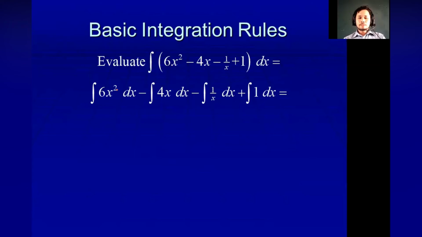So we have the integral of 6x squared dx minus the integral of 4x dx minus the integral of 1 over x dx plus the integral of 1 dx.